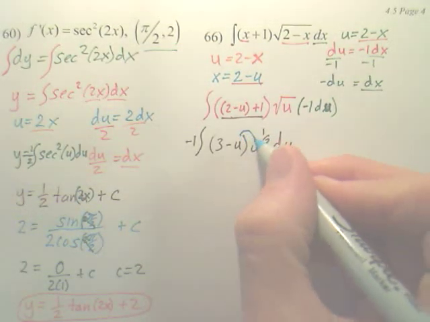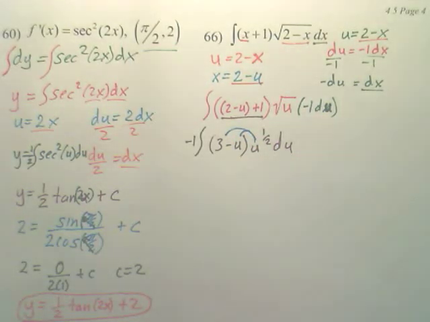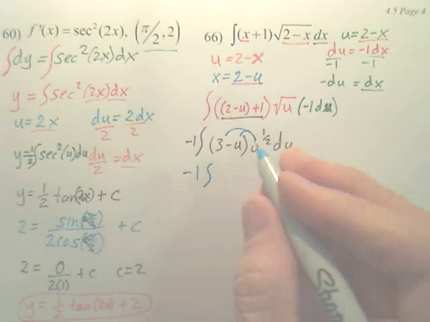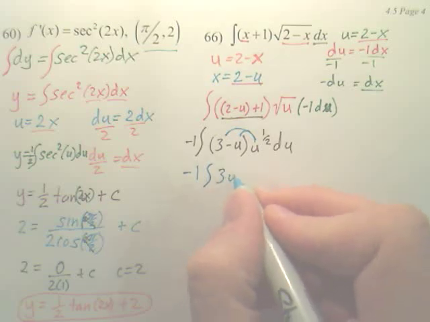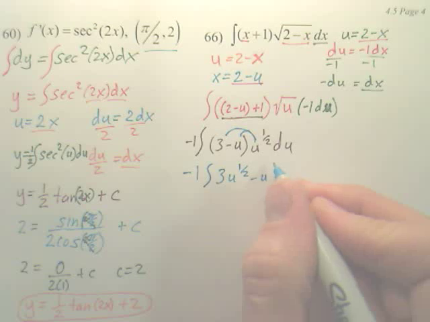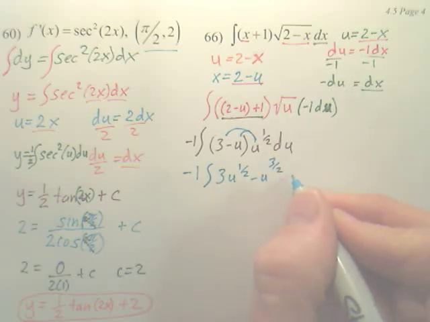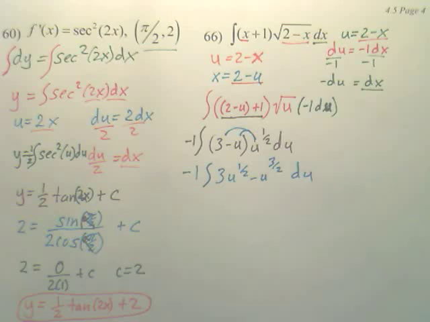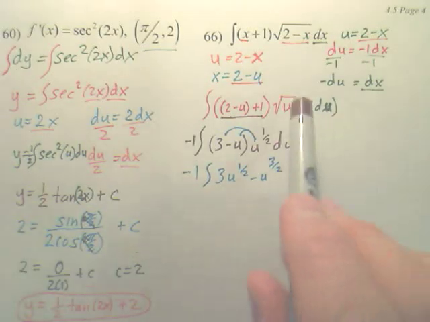Can't you FOIL or distribute that? And what I now have is 3u to the 1/2 minus u to the 3/2 du. And can you integrate that now? Yes.